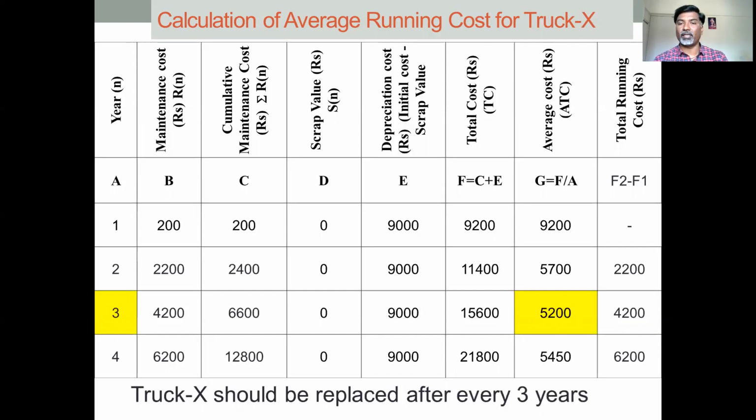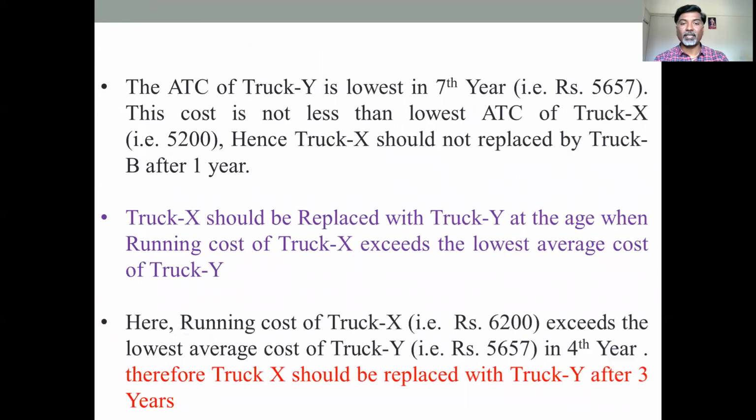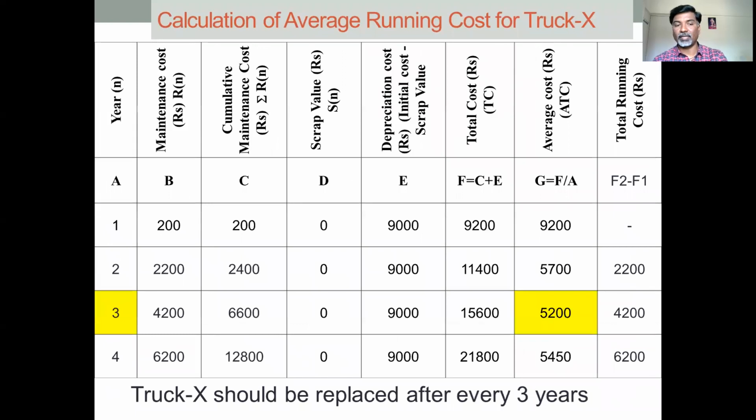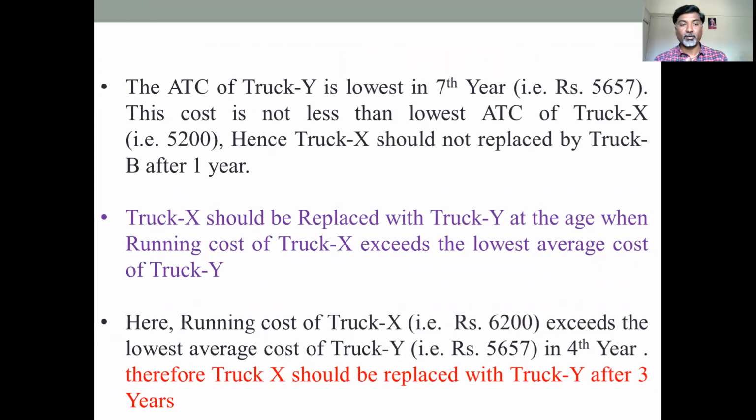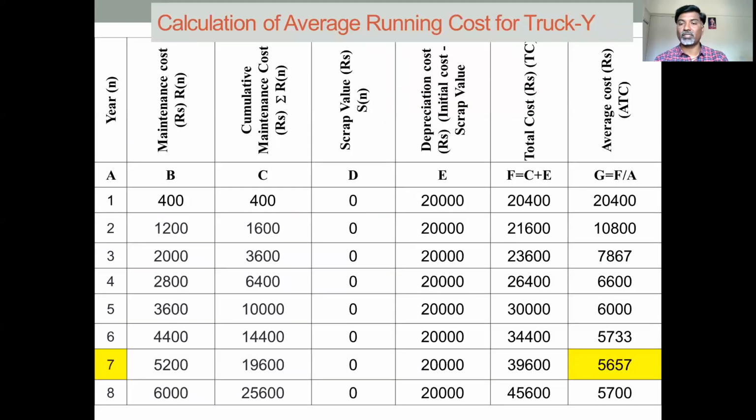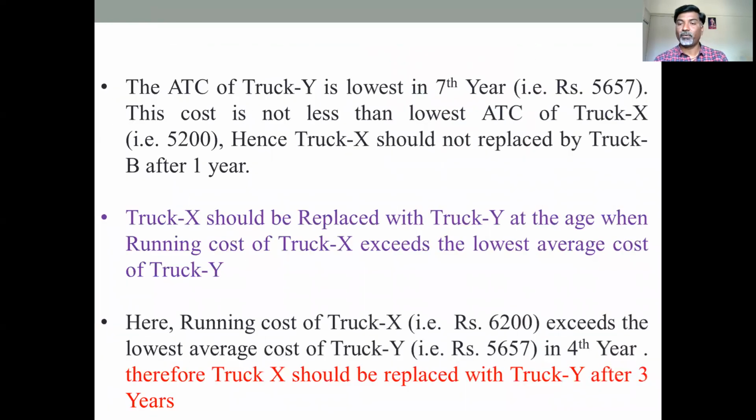So you have to replace. Here the running cost of truck X is 6,200 rupees for the fourth year, which exceeds the lowest average cost of truck Y. The truck Y average cost is 5,657. Therefore, truck X should be replaced with truck Y after 3 years.